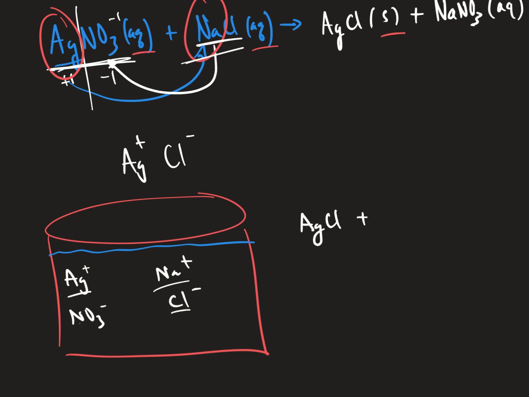Will this hook up, guys? It'll just stay dissolved in water. It won't form sodium nitrate, because it's still going to be dissolved in water. Now, if we get rid of the water, then yeah, we have sodium nitrate left over. Good?